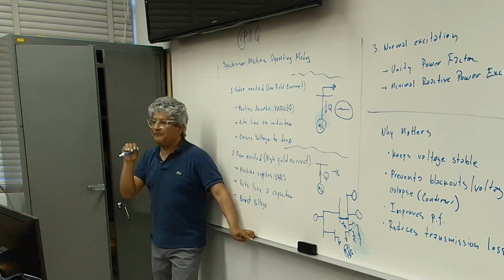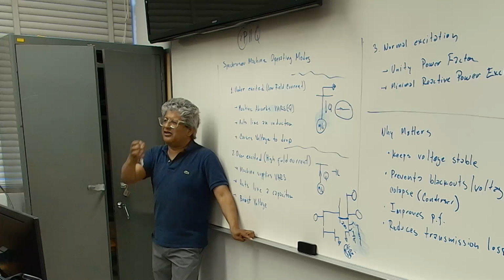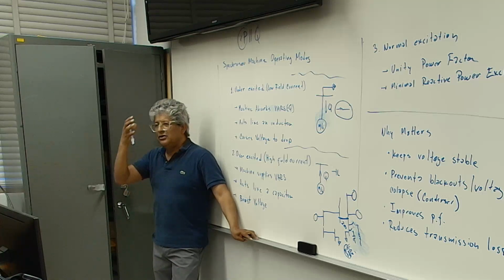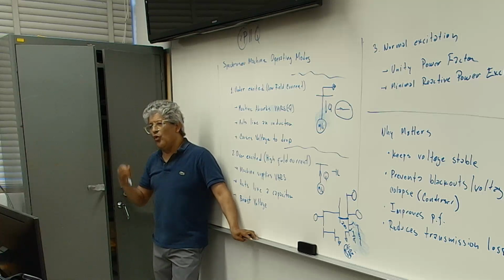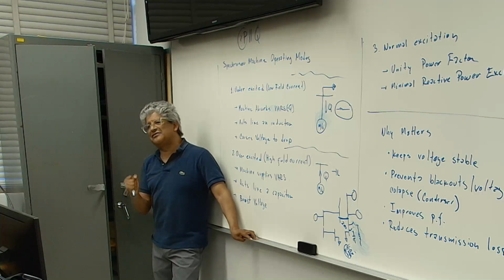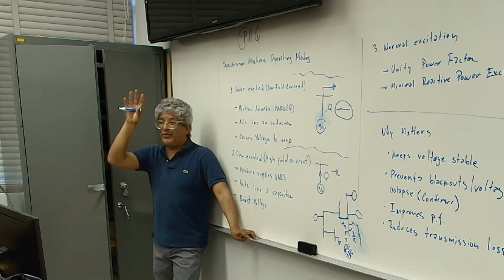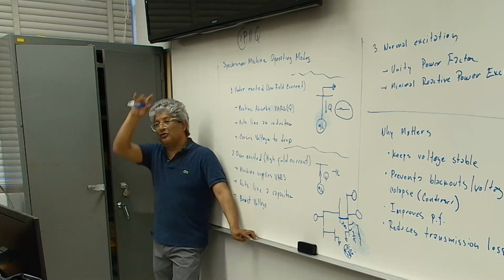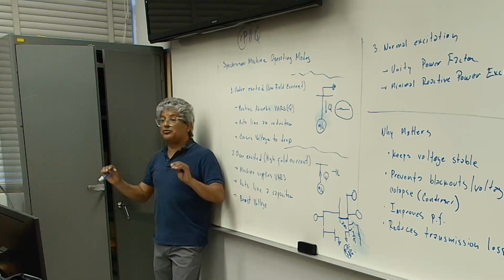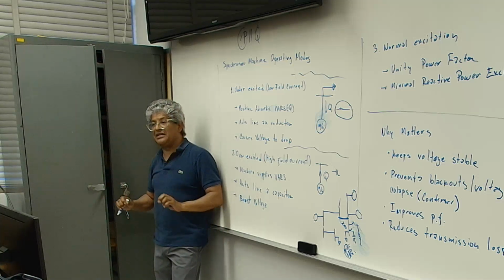As a matter of fact, during the day, you have a large amount of load all the way around, right? So your voltage is low. So your machine will then help you be a capacitor to push the voltage up. At night, when people are turning the lights off, the loads are going down, the voltage will start rising. The machine has the ability also to bring it down.